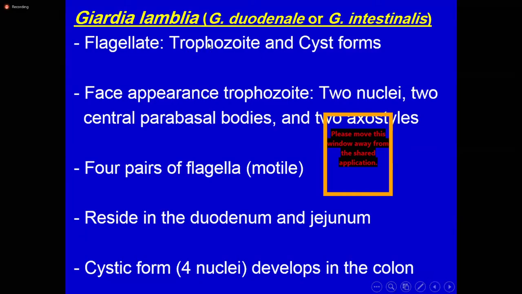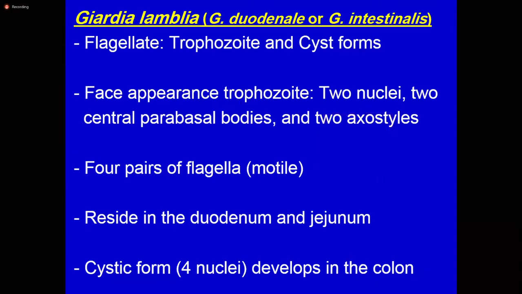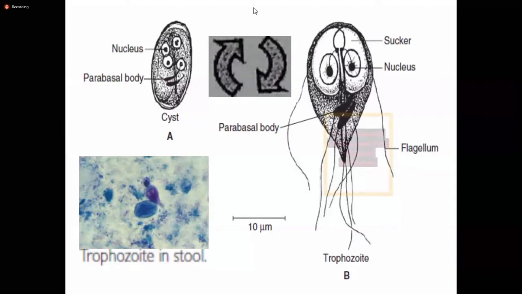Vegetative form and cyst form. So we are going to talk about the trophozoite and the cyst form. The trophozoite has a face-like appearance. Look at it, face-like.